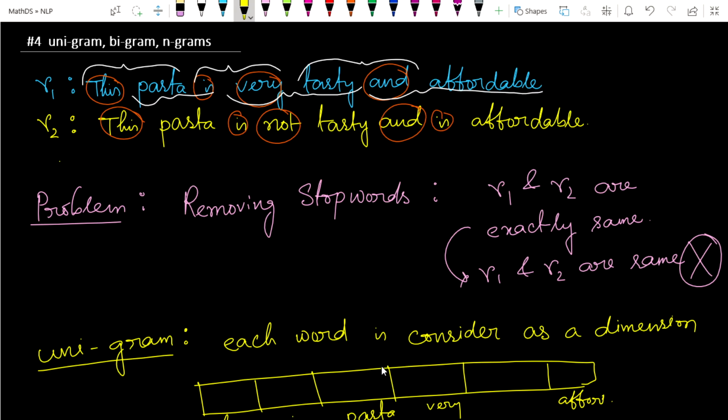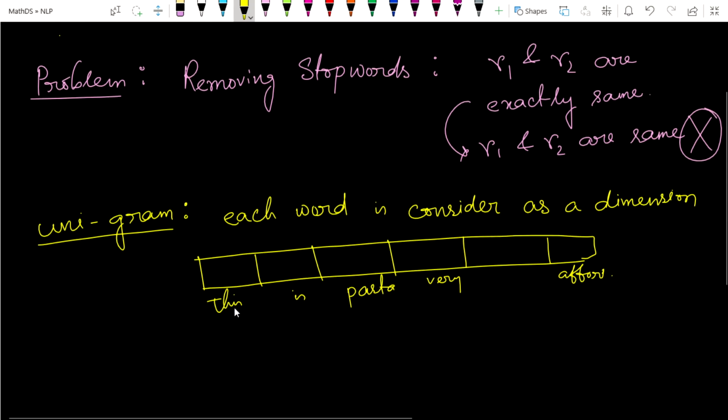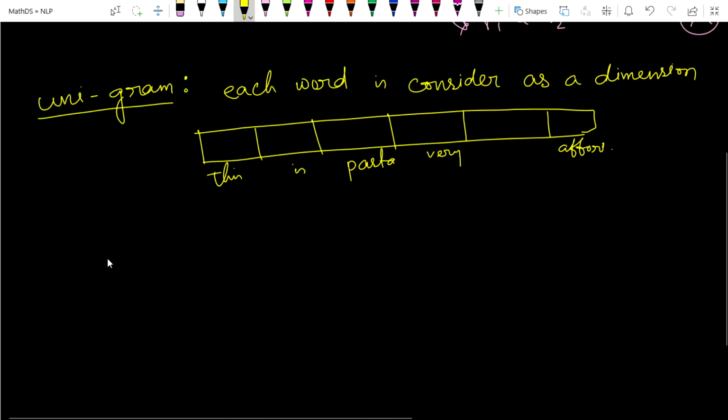Each cell is responsible for one word, and each word is considered as a single dimension. So this is actually called the unigram.